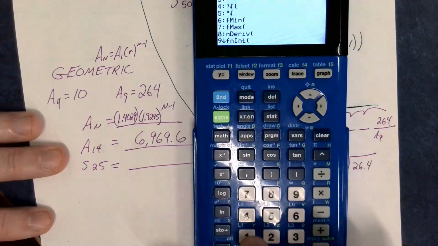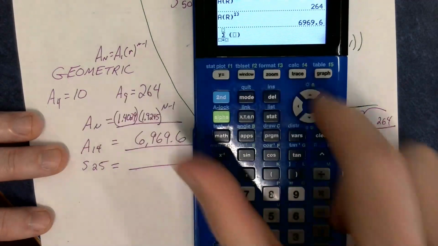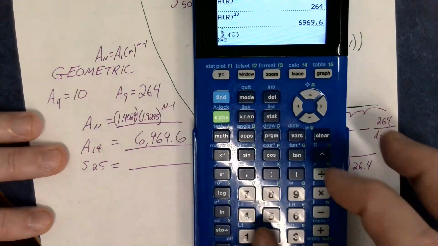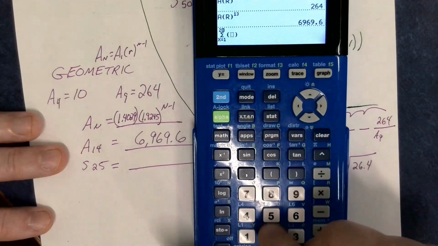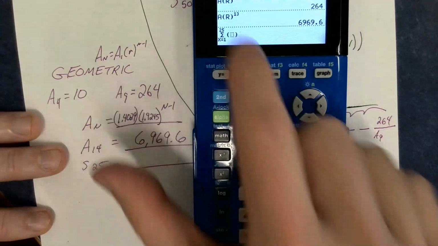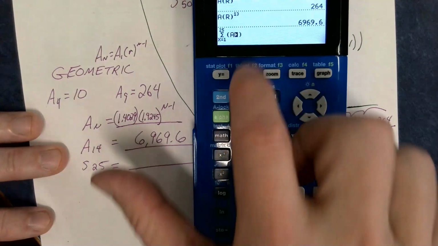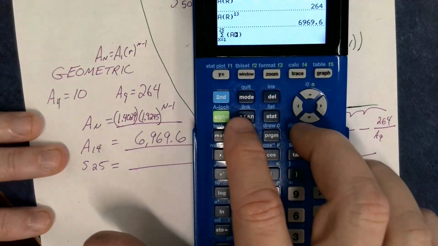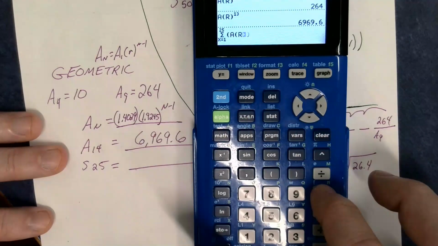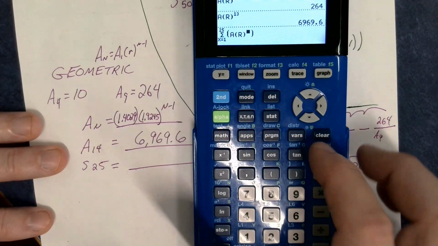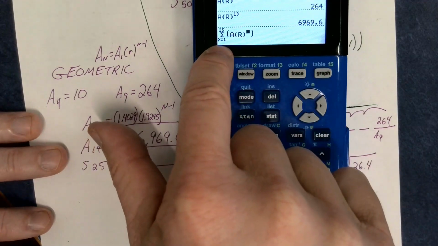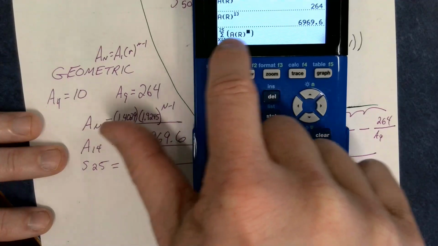And then S sub 25, I might as well do it here. Math 0, right? Math 0. Let's go x equals 1 to 25, and that's first term. And look at this, I can still do it even in here. I can do alpha A, and then parentheses alpha r, and then raised to the, now if I used x minus 1, I can't put 24 in here.